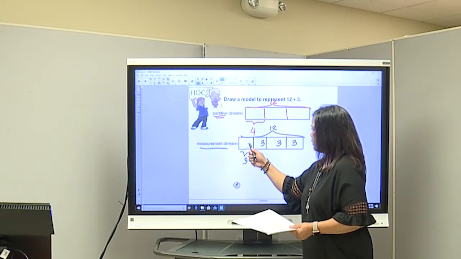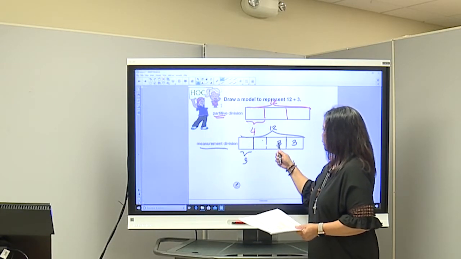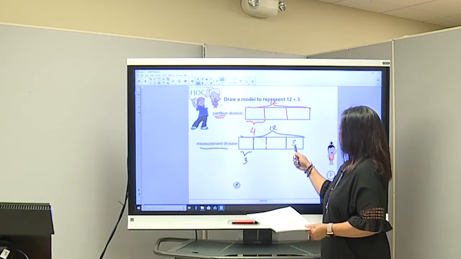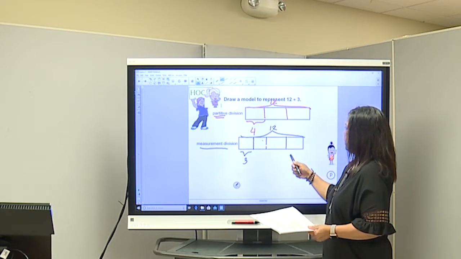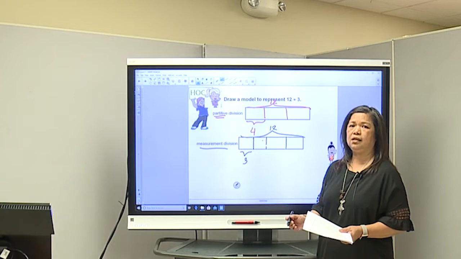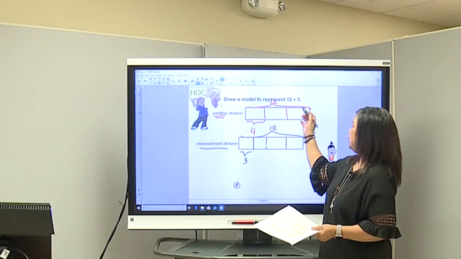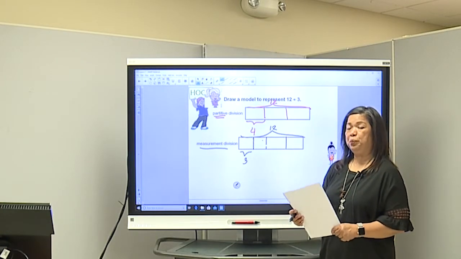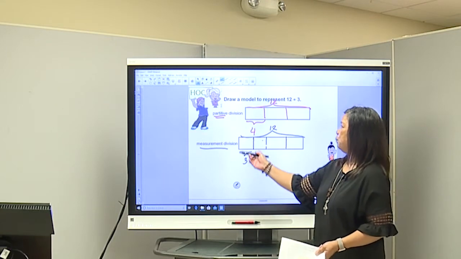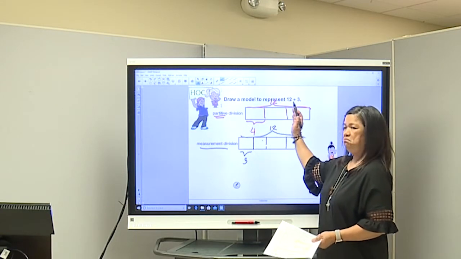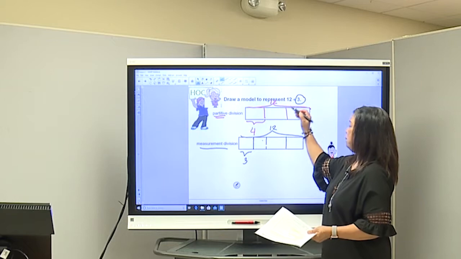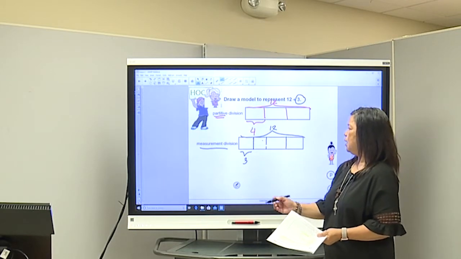So let me erase this part right here so that we can clearly see the difference between the two ways of expressing in a model what 12 divided by 3 looks like. Okay, so partitive division, you divide it by how many parts you have.